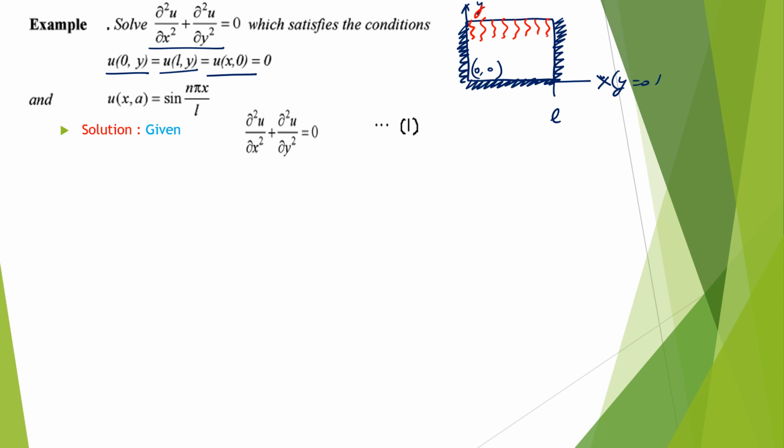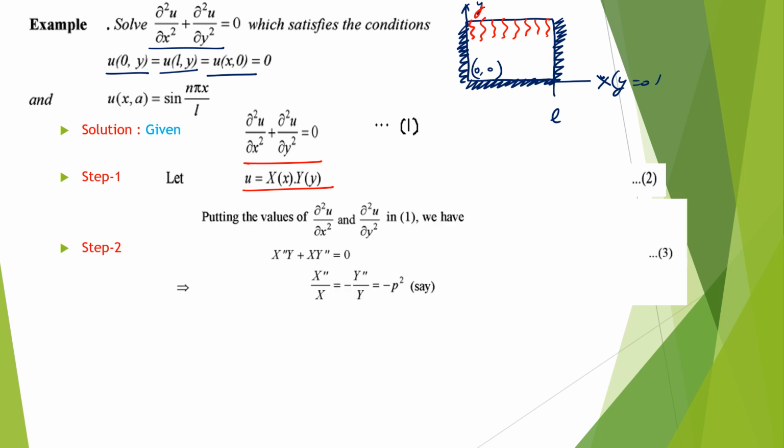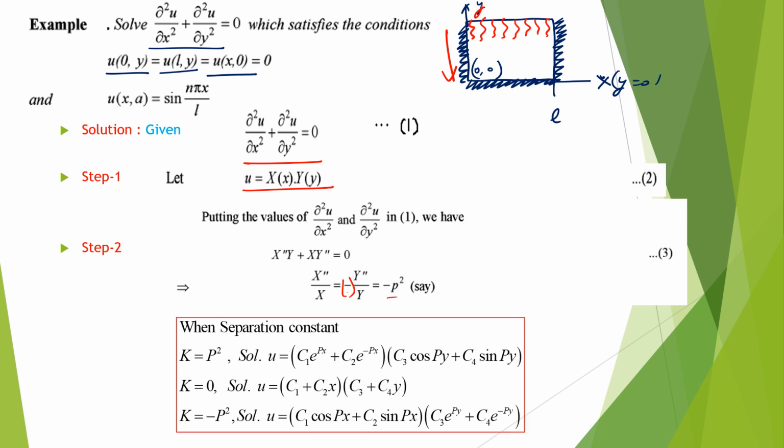So this is the equation, and we assume the solution u is a function of x and y. Substituting this, we get this value, and over here we take the negative sign along with y because the temperature difference is in the y direction, is equal to minus p square.